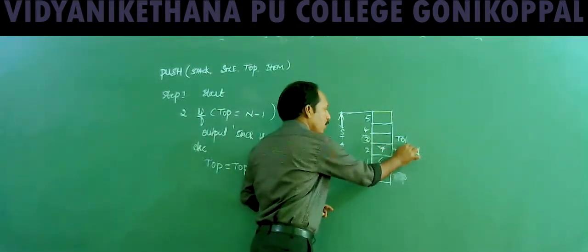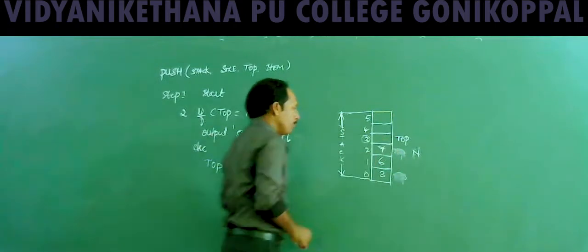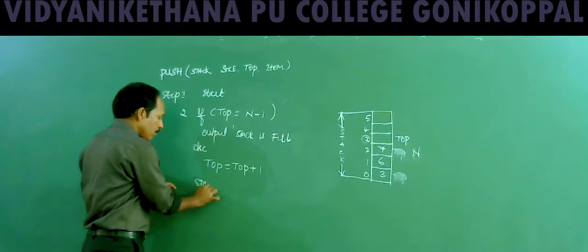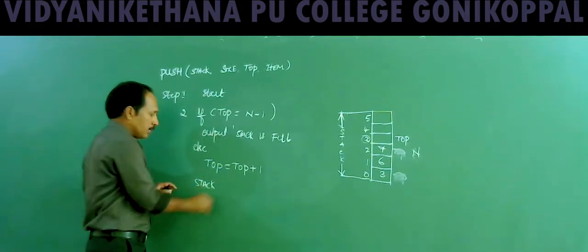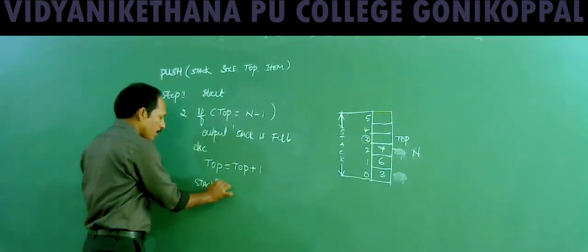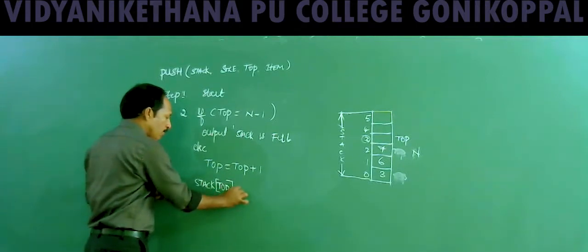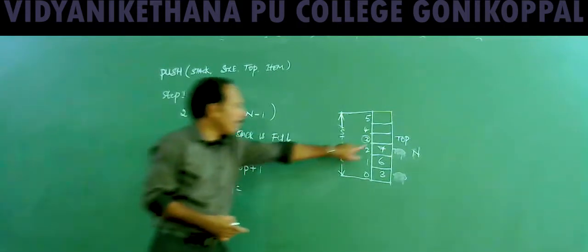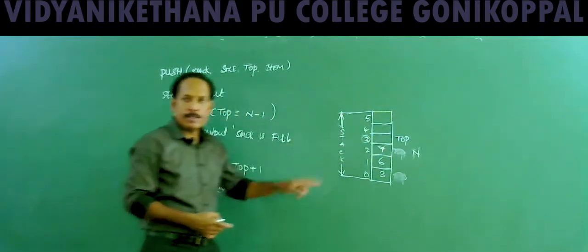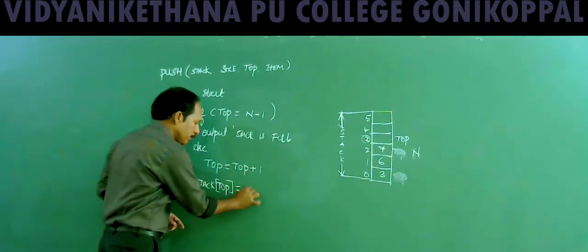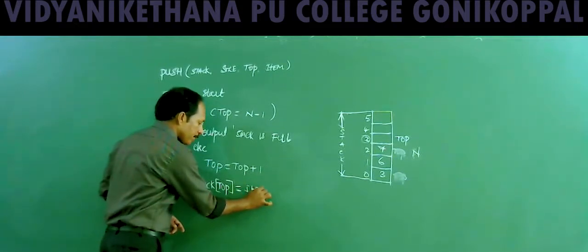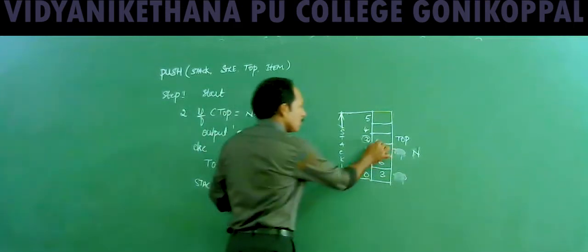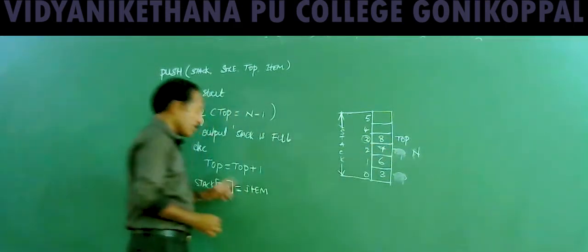Right now this position is vacant, so there you insert the new item. There you copy into the array, which we write as stack of top. After increasing, you are pointing to this vacant space, so there we add the new item. Suppose the item is 8, then 8 will be copied by this procedure.